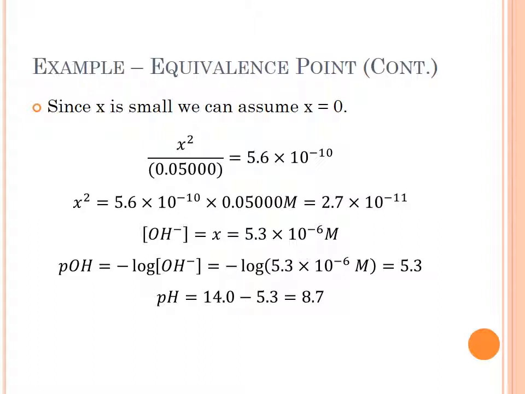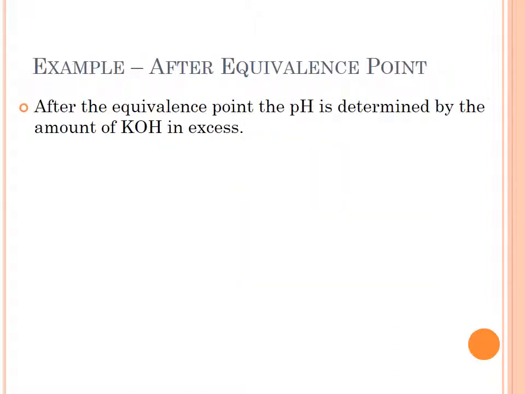So you note that the pH of a weak acid, strong base titration is definitely above 7. If we went after the equivalence point, the pH is determined by the amount of potassium hydroxide in excess, so it reverts to the strong acid, strong base type case at this point.